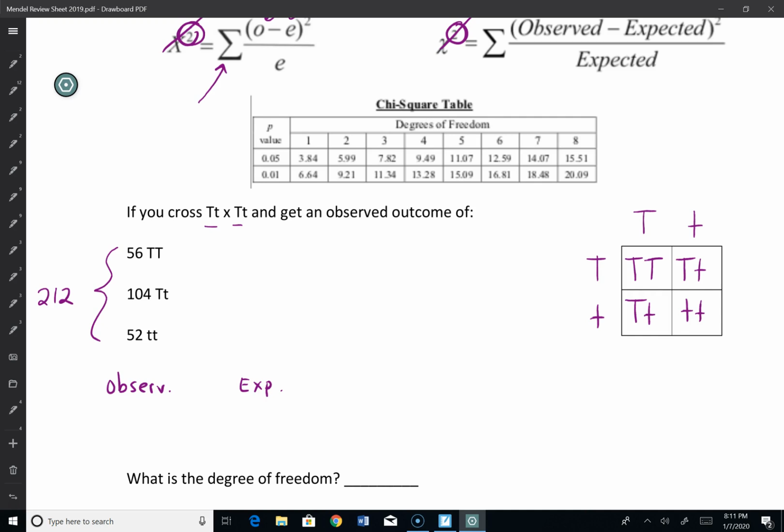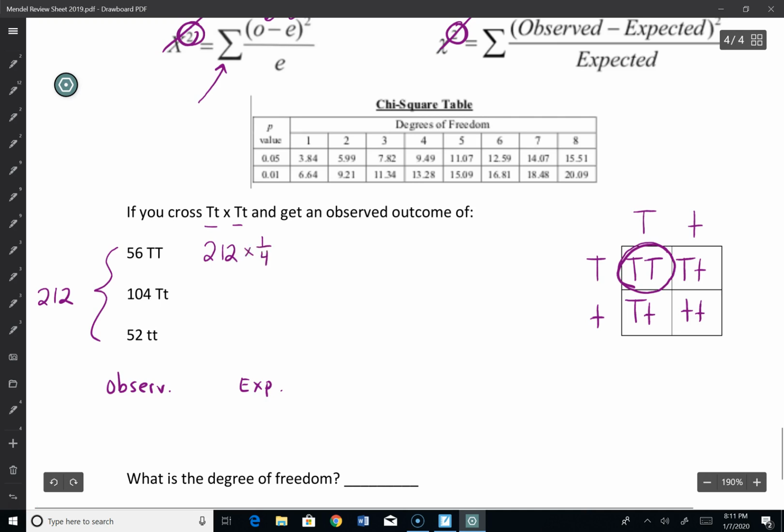Well, if I look at my box, 25% of them have to be capital T. So the way to get my expected is I take my total of 212, and I'm going to multiply it by 1/4, because what's my chance? 1/4 of the time that's going to happen. If I want to get my capital T lowercase t, that's going to happen half of the time, so I have to multiply it by a half.